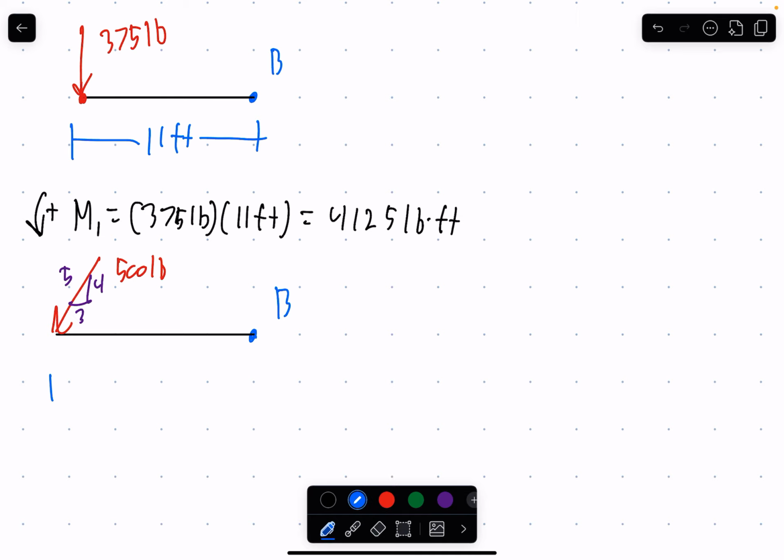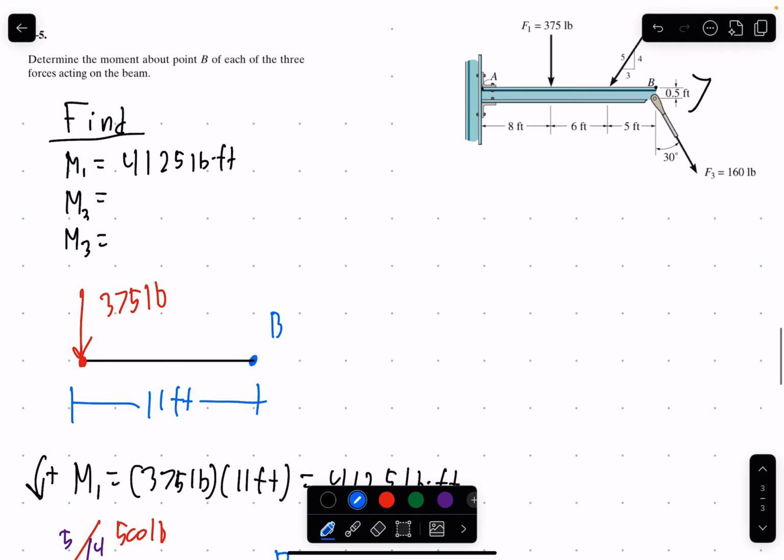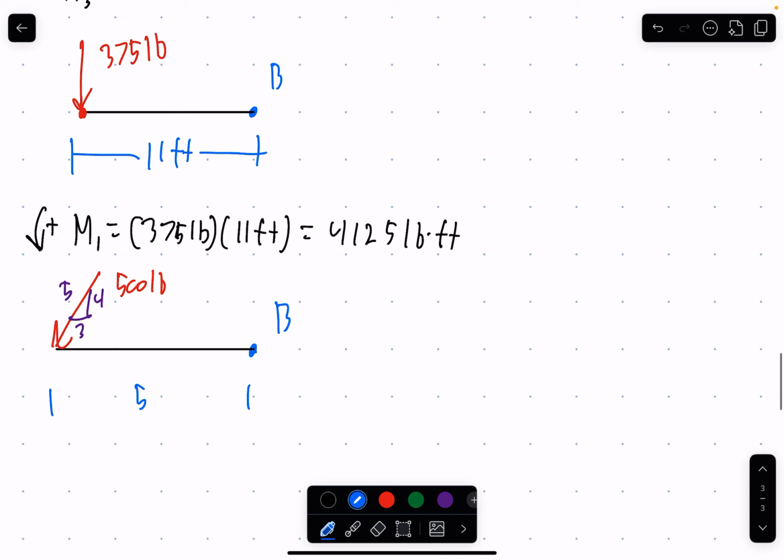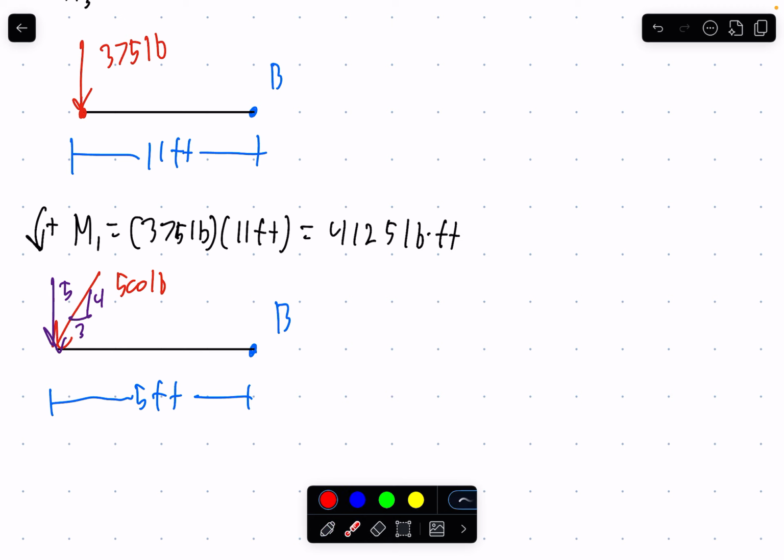And it's going to be acting 5 feet away from point B. We know the vertical component right here is going to be the only part of the force that creates a moment, because the horizontal component isn't going to have a moment arm. Take the horizontal component of that force, there's going to be no moment arm to create a moment.